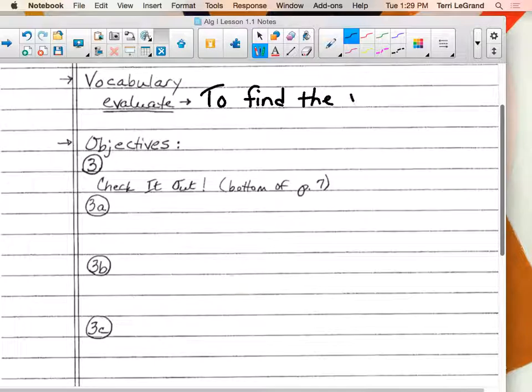To find the value. Find the value of an expression. In other words, evaluate. Find what that expression is equal to when you are given some information.